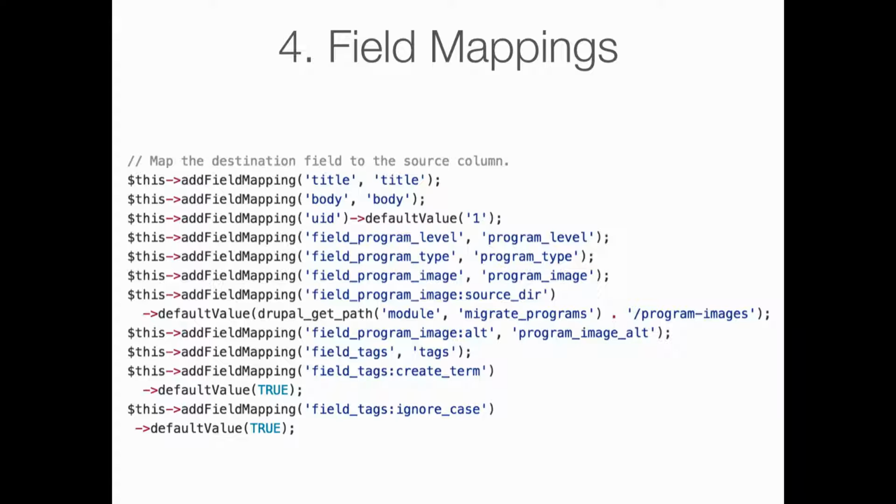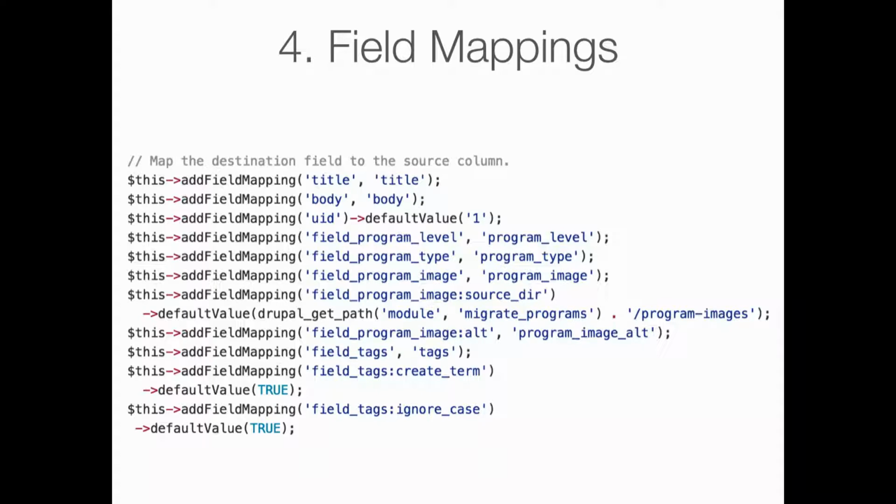So we've told Drupal about the source, we've told Drupal about the destination, and now we map the two together. So for each field in your content type, you have a machine name, right? If you look back at the content type page, we had field program level as the machine name for the program level field.